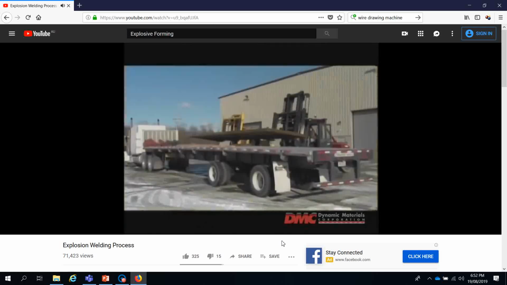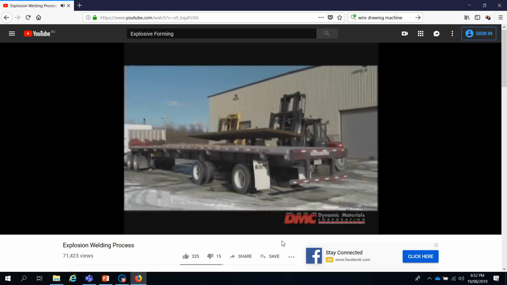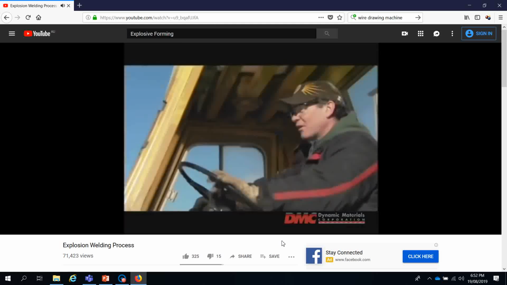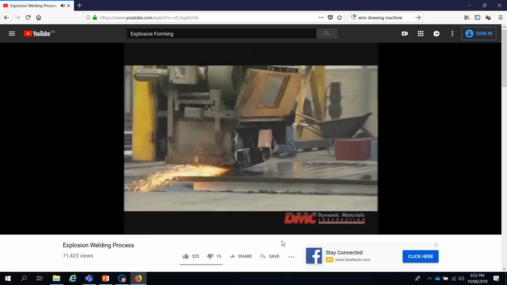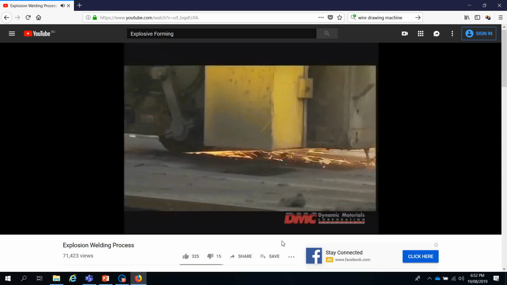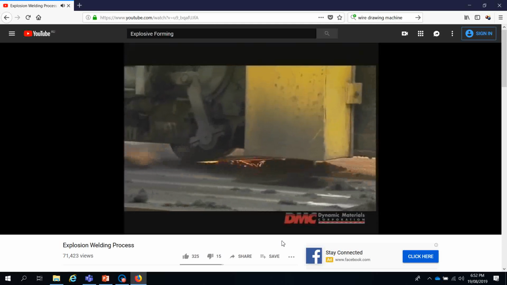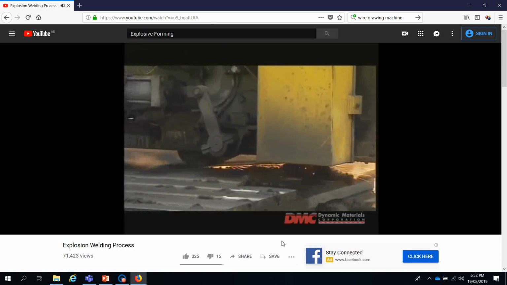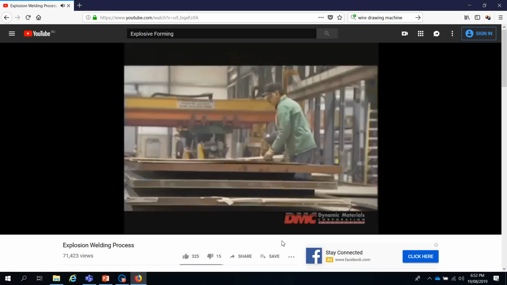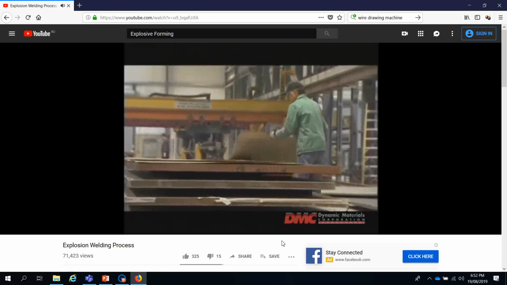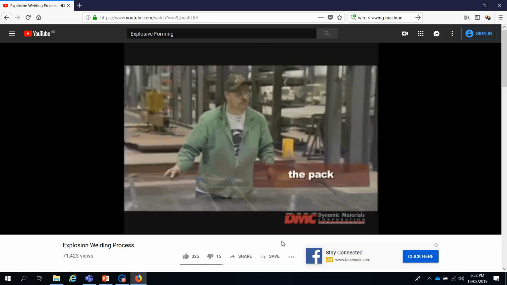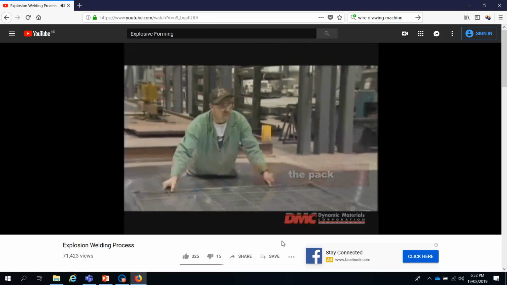From now on, this plate will be identified as the backer. Small metal spacers of equal height are then placed onto the surface of the backer in a uniform grid. These spacers will maintain a set gap between the backer and the second plate, which is placed on top. This second plate is thinner than the backer and is called the cladder. The standoff gap between the backer and cladder is less than an inch in height, yet without it, the explosion weld would be impossible.